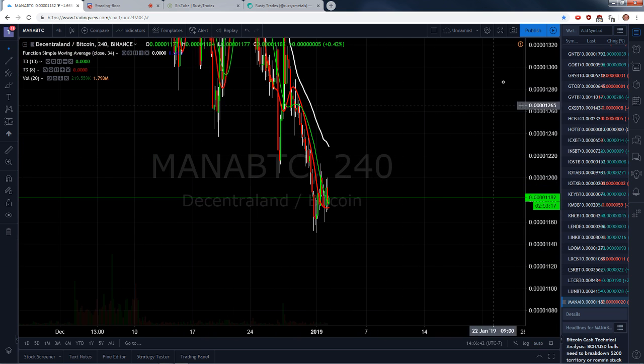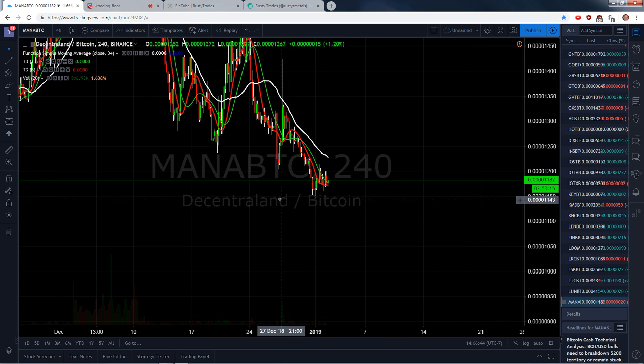Got a nice steep AB bottom. Higher lows. Left shoulder, head, coming through, right shoulder to complete.